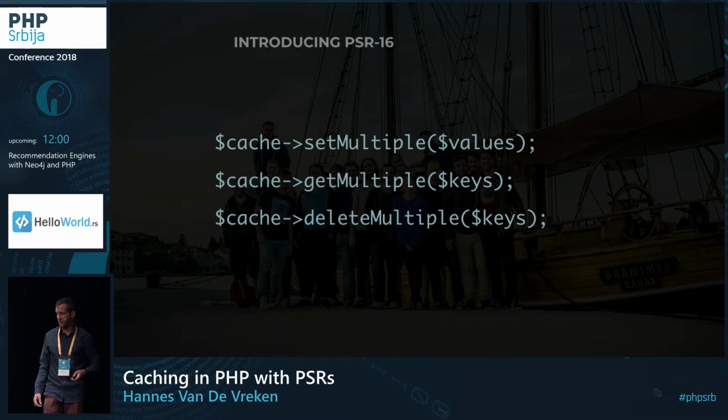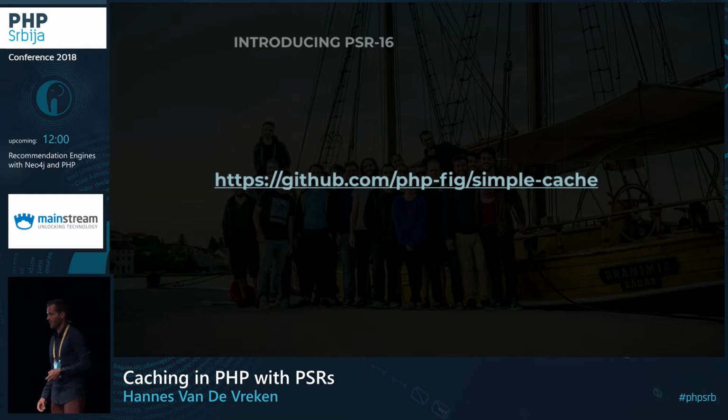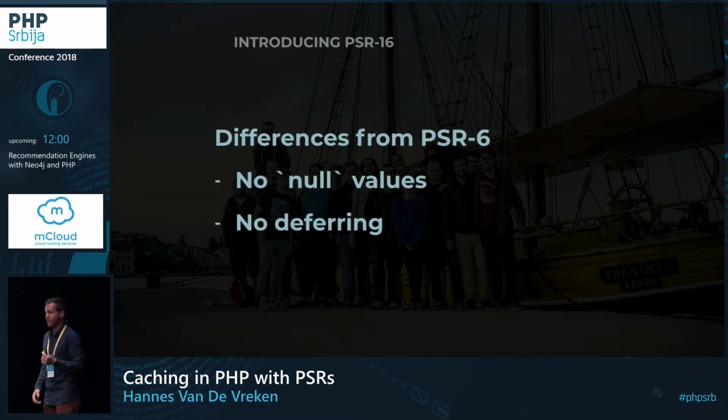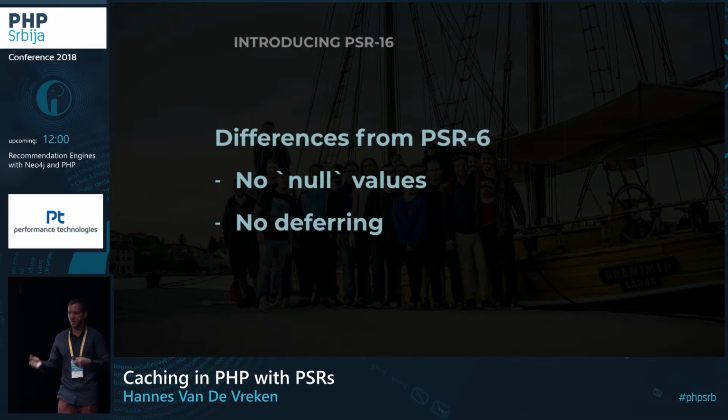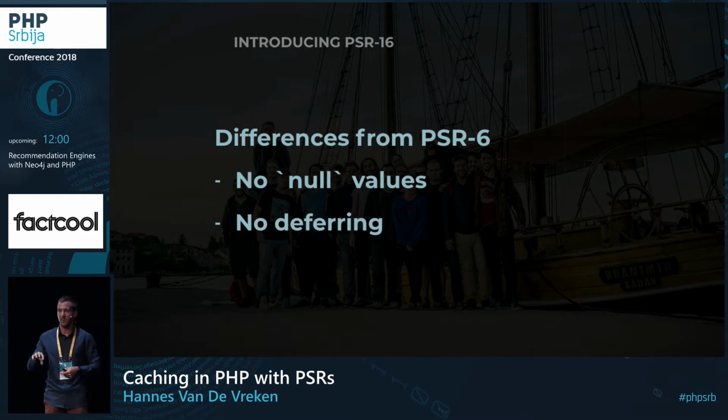There's also support for multiple actions, so you can set multiple, get multiple, or delete multiple. I already showed the code, so I don't have to do that anymore. The differences between PSR-6 and PSR-16 are that null values are kind of hard to spot, and there's no deferring. So you cannot say the cache item pool might have an optimal way to store stuff in a batched way.